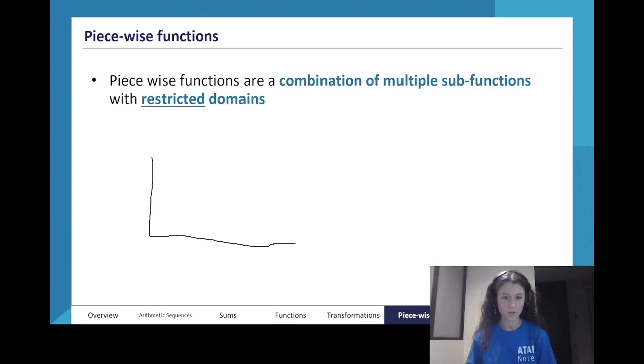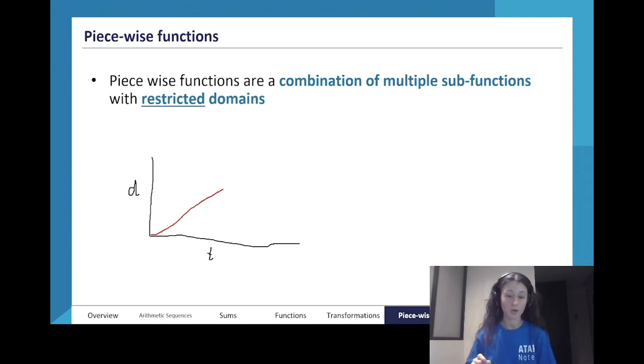Say your displacement with respect to time, say you are running at a constant speed for this period of time. You're doing a long distance race, you're running at a constant speed, and then suddenly you get to the end of the race, you're in the last 100 meters, and now you want to sprint.